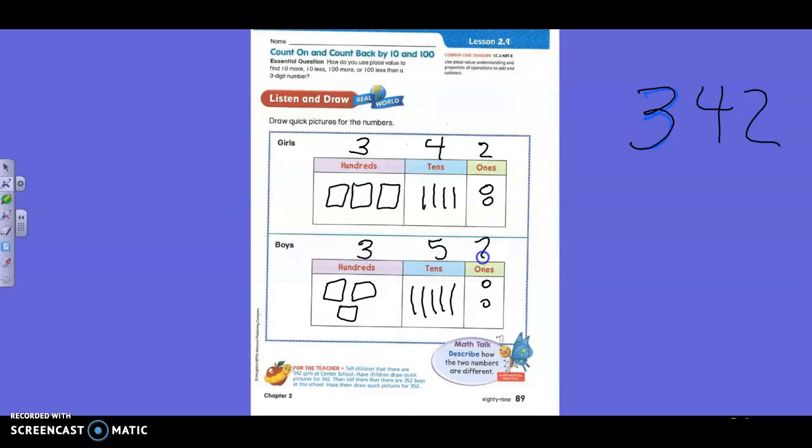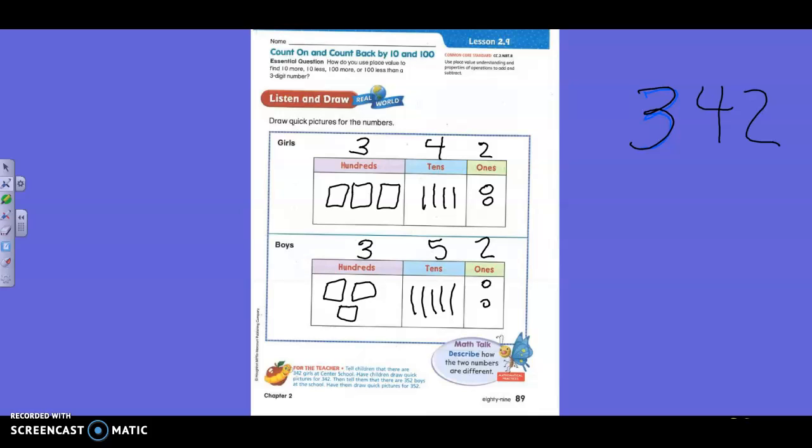Okay? There are 10 more because there's one more 10 in 352 than there is in 342, isn't there? There is one more 10. So you have to change from 4 to 5. It changes from 42 to 52 just by adding 10.